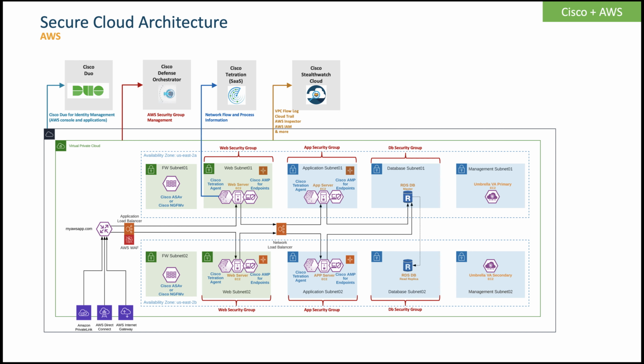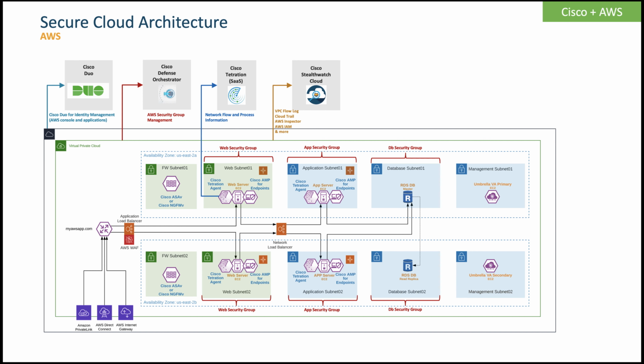Then we have Cisco Stealthwatch Cloud, where you can forward information like VPC flow logs, CloudTrail, AWS Inspector, AWS IAM, and there are multiple other sources which you can forward to Stealthwatch Cloud. And you will see various observations in your Stealthwatch Cloud dashboard.